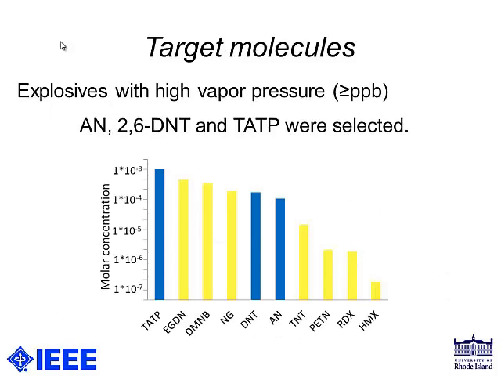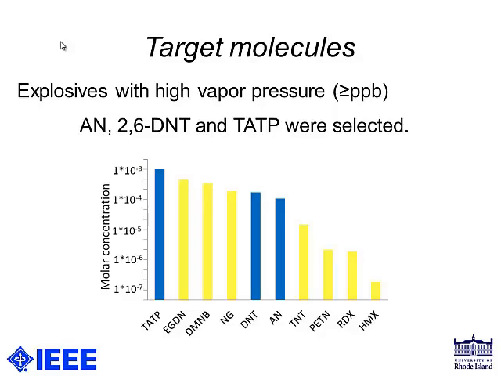So here's a diagram indicating the saturated vapor pressure for several common explosives. The ones highlighted in blue are the ones selected for our research, including ammonium nitrate, 2,6-DNT, which is dinitrotoluene, and triacetone triperoxide.